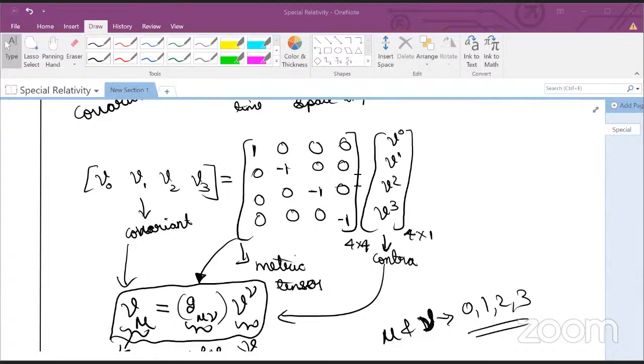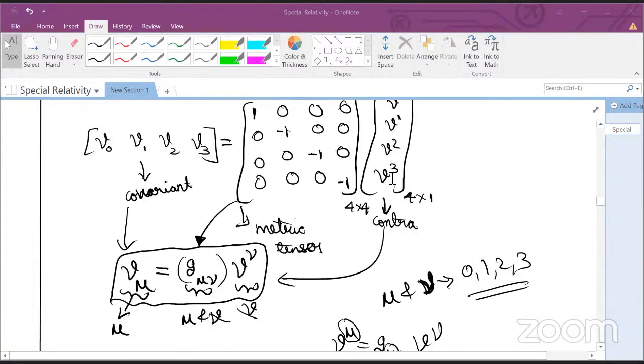Covariant vectors are transformed in one sense, contravariant vectors are transformed in a different sense. How they are transformed defines what type of vector it is. We'll cover that next week. Thank you, Sagar.